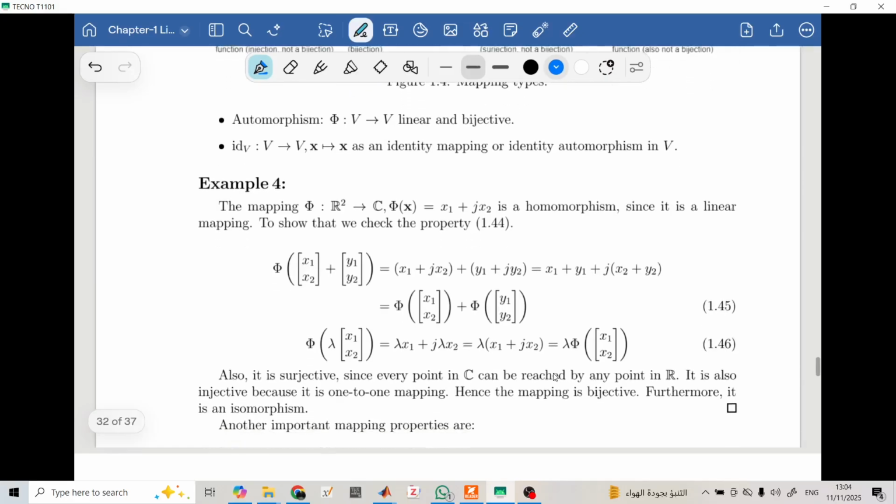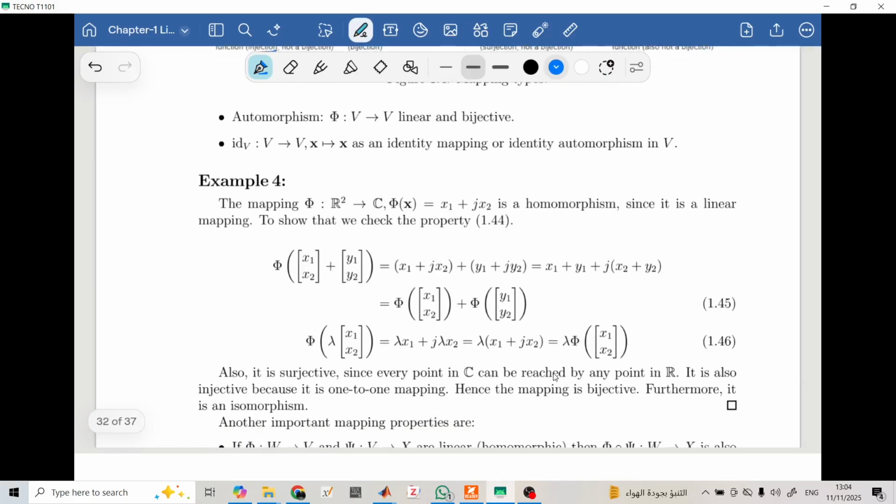Okay, example. So look here at this definition. The mapping name is phi. The domain is R squared. The codomain is the complex set of numbers.